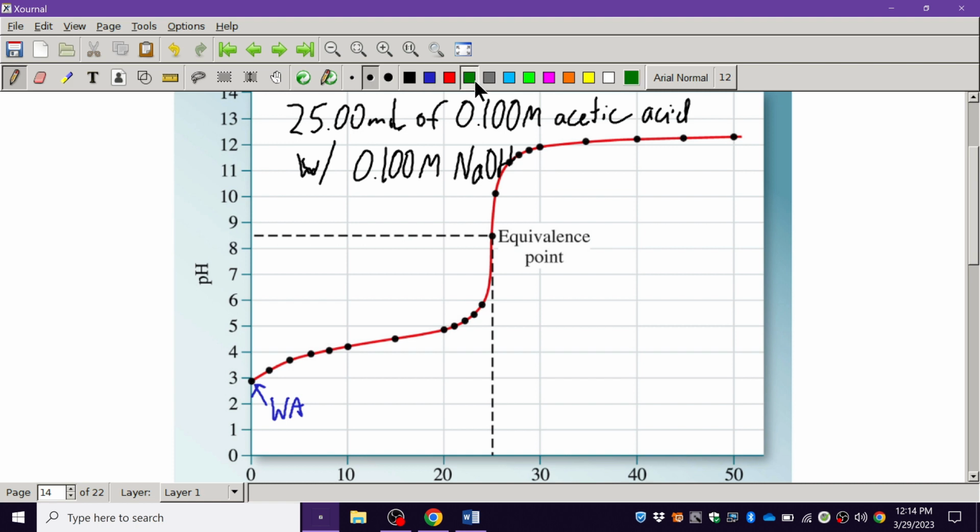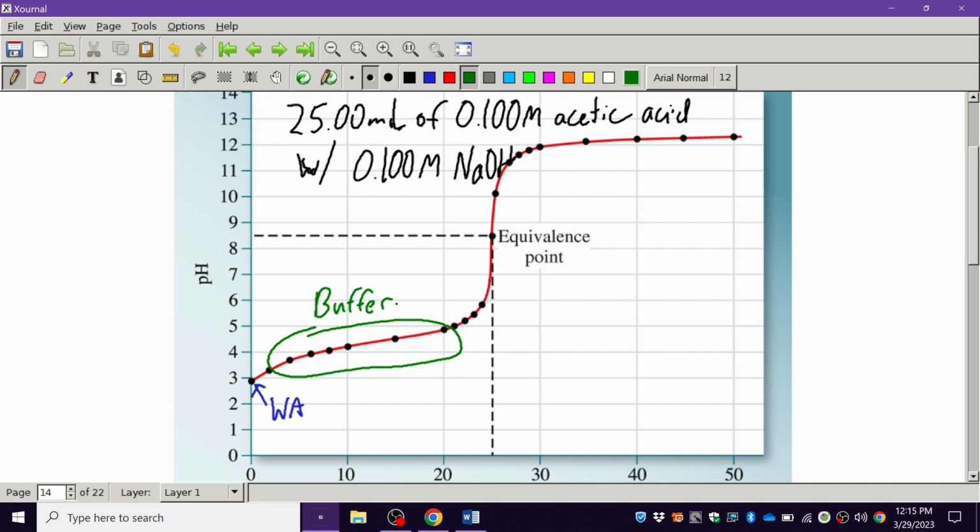As you progress, you see what happens. First of all, you do see a little bit of a rise in the curve, and then you end up in the buffer region. All right, and when you're in the buffer region, adding more base is going to raise the pH, but not markedly. Okay, the pH goes up slowly.